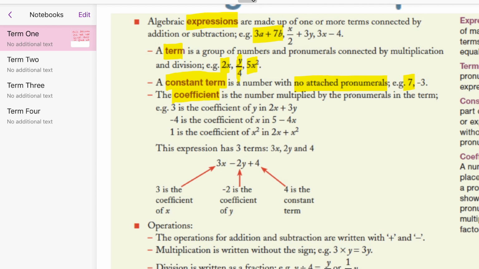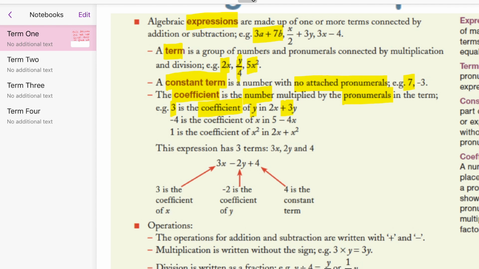The word coefficient is basically a fancy word to say the number in front of the letter, okay? So it's the number that's in front of the pronumeral or the letter in the term. So 3 is the coefficient of y.